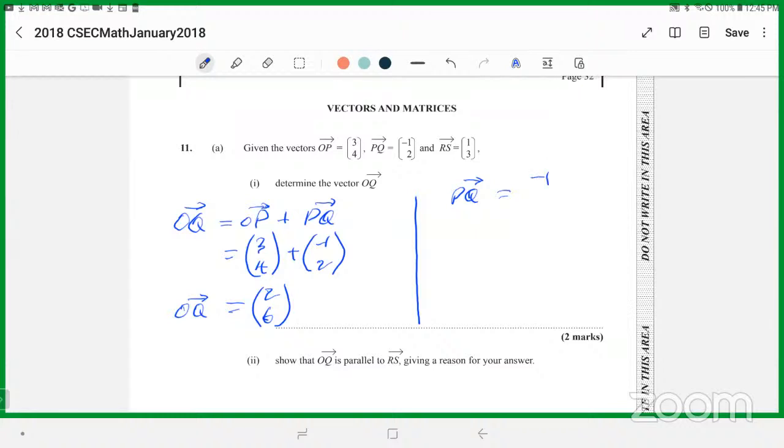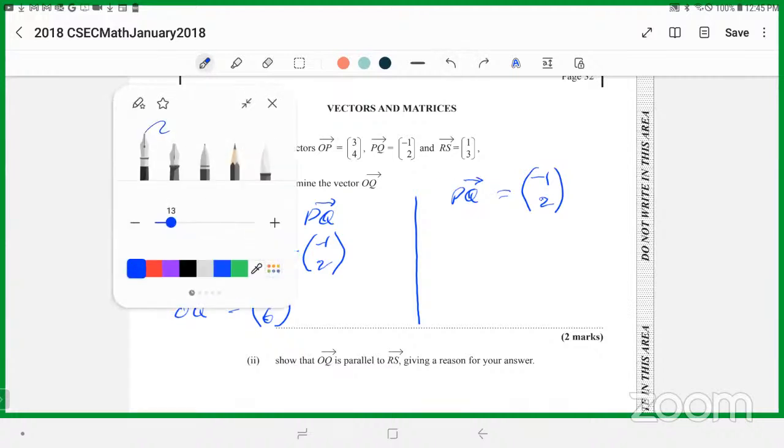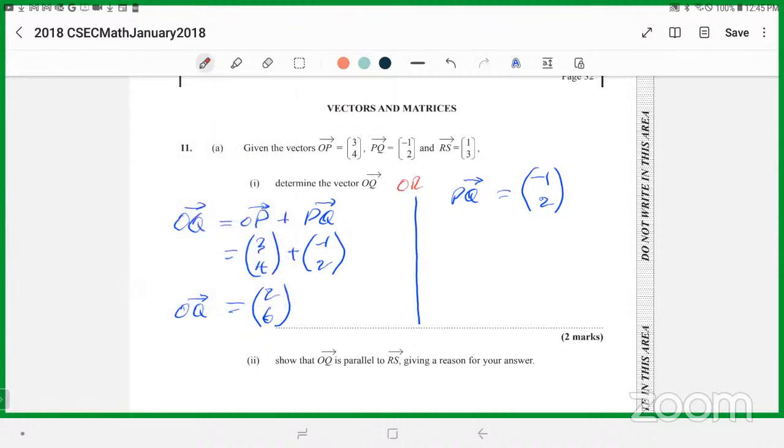PQ is minus 1, 2. And if I want to get OQ out of that, I can split it. I'm showing you another way to do it. Right? I can split the equation that has the OQ in it. Because this equation has P and it has Q in it, you know. But we already know the position vector of P. So this is the one that we don't know. So we can split it. We're going to split this side. We split it into O and the last minus O and the first, which is OQ minus OP.